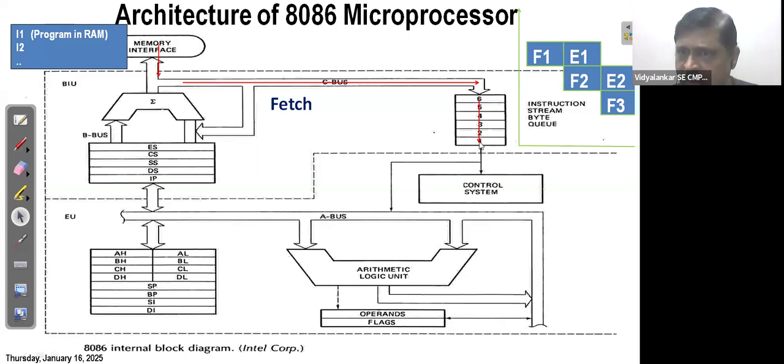You must have noted there are numbers 1, 2, 3, 4, 5, 6. So this indicates that the size of this instruction queue is 6 bytes. So you can fetch instructions into the queue up to a maximum of 6 bytes.